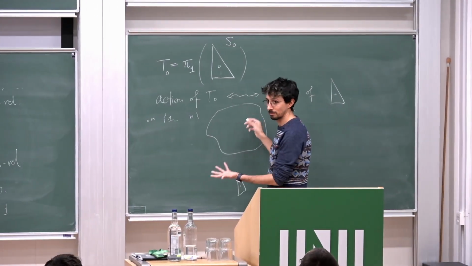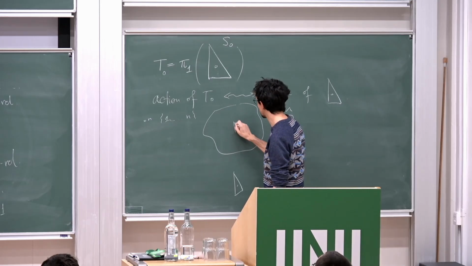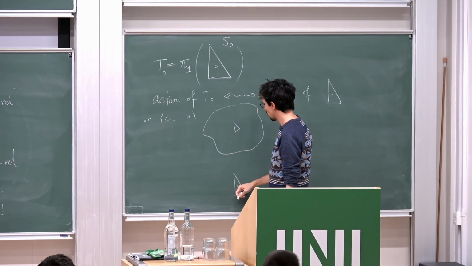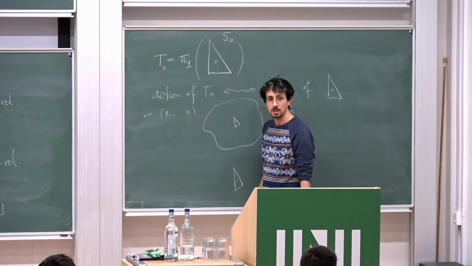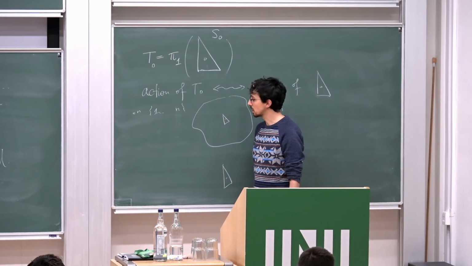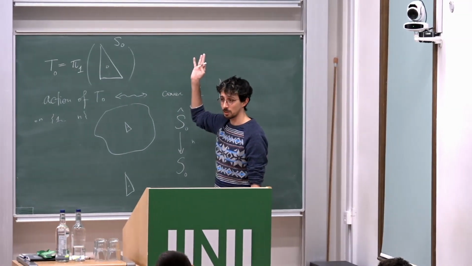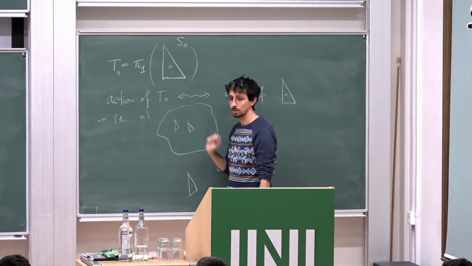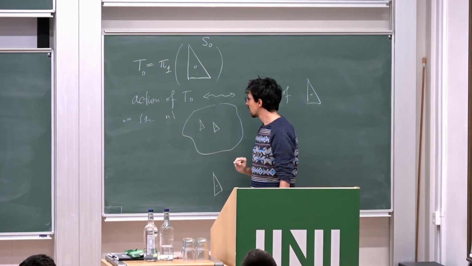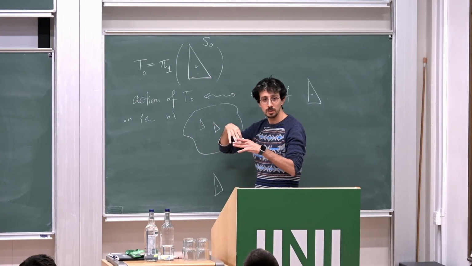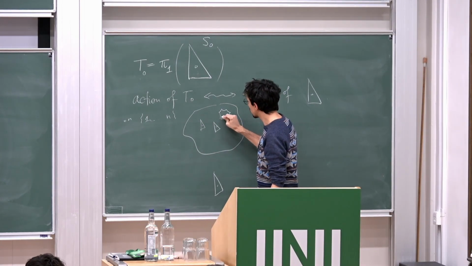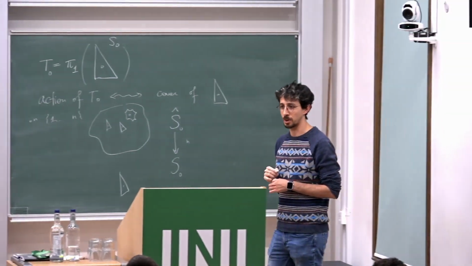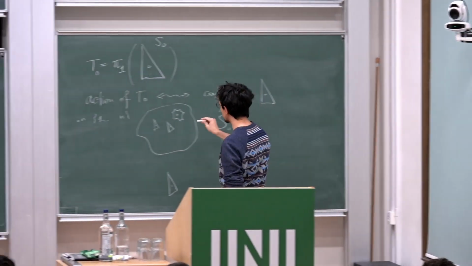So here I'm not really going to draw something. But what you should be thinking of is that for most of the places, since T is satisfied almost everywhere, I will lift this triangle to a nice triangle with a hole here. And in some places, this triangle will open up, and we'll have an angle of more than 2 pi, a multiple of 2 pi, around this missing point.